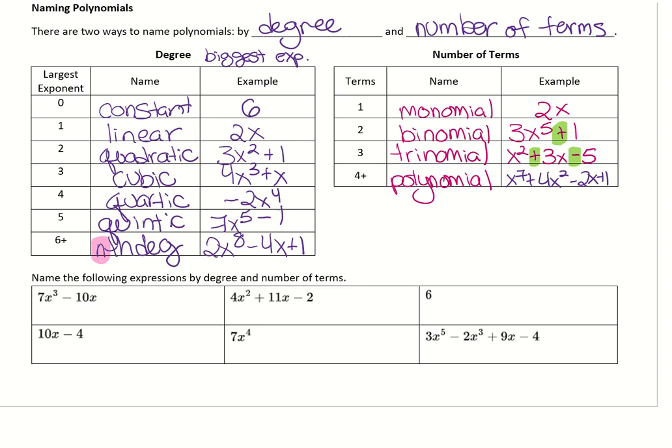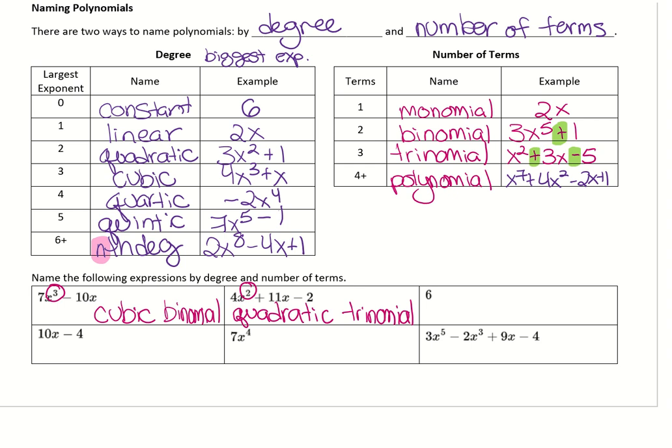Okay, so here the biggest degree is 3, so this is cubic, and it's two pieces, so it's a binomial. Here the degree is 2, so it's a quadratic, and it's three pieces, so it's a trinomial. Here the degree, well, there's not one at all.